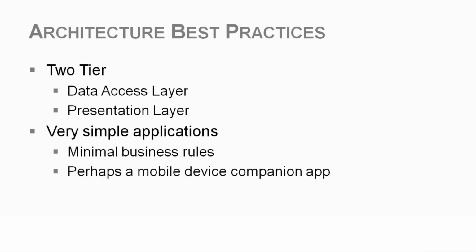So let's talk about some architectures that are commonly used. And we're going to focus on database applications. They're about 80% of the applications written, so it seems a safe thing to do. The simplest that I could think of that's of any use at all is a two-tier application. It simply has a data access layer and a presentation layer.